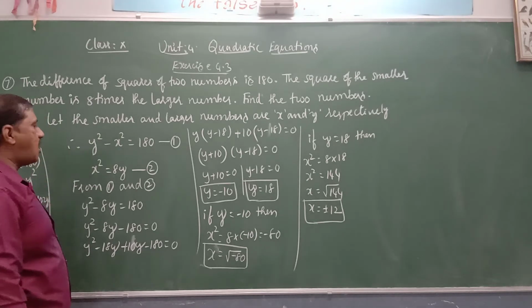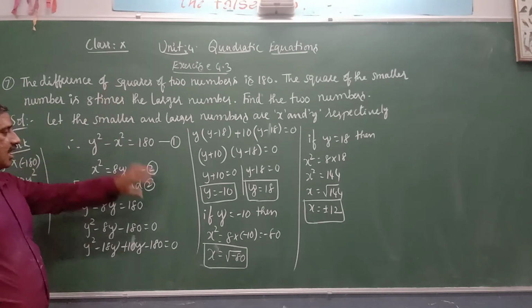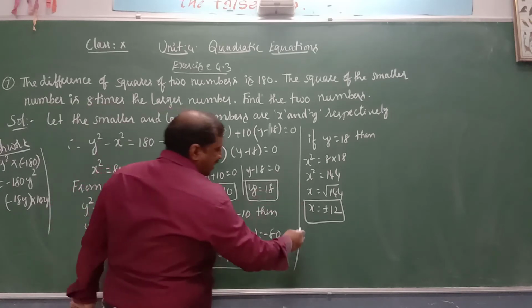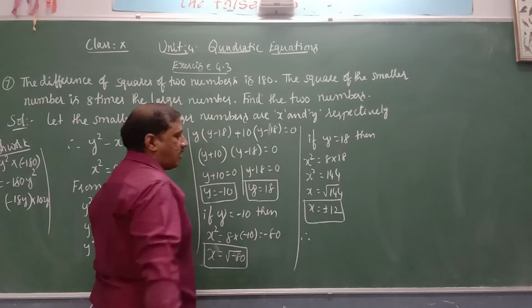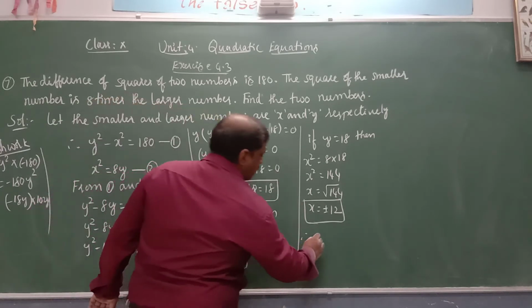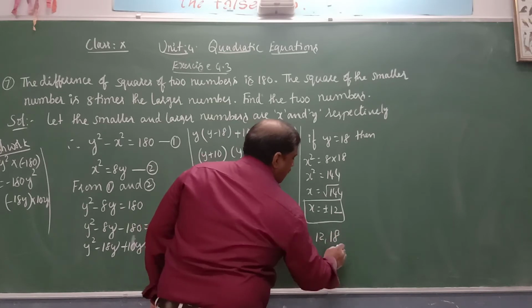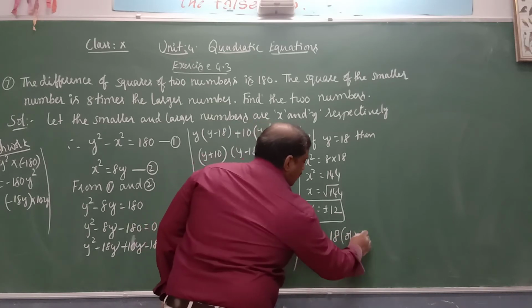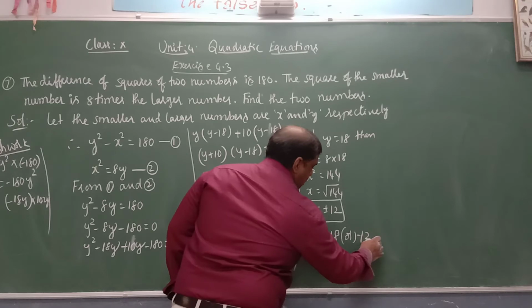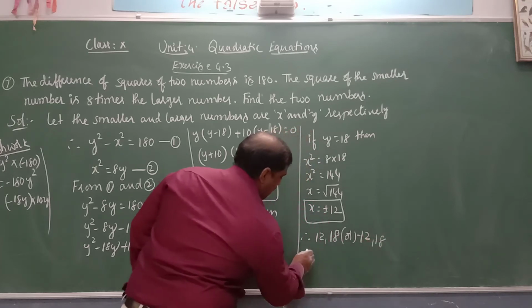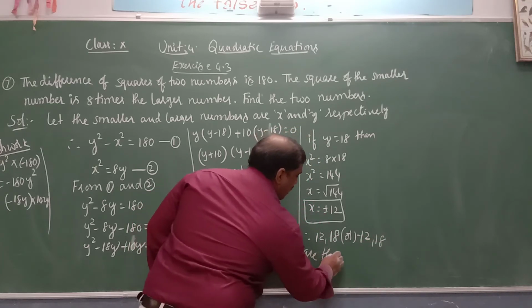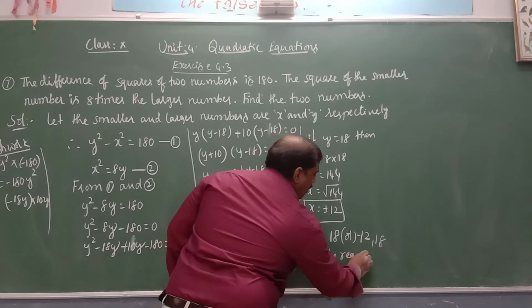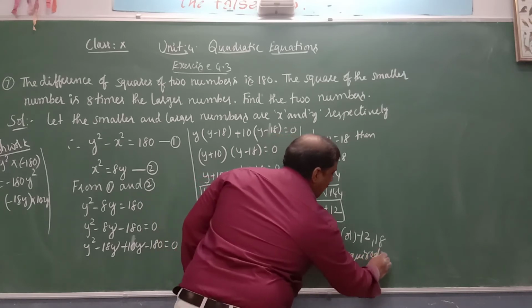Therefore the required numbers are 12 comma 18 or minus 12 comma 18.